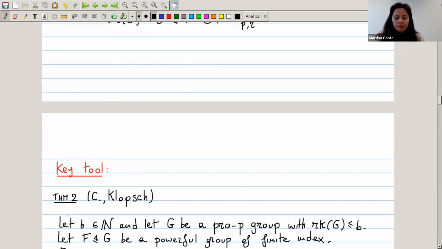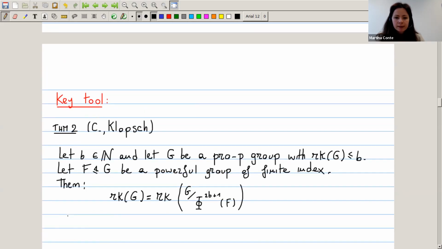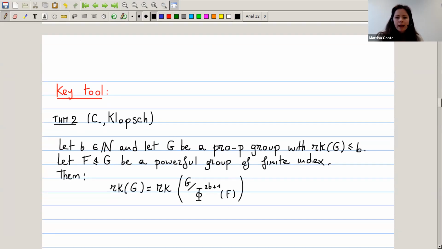First of all, I want to introduce the key tool of this proof. This is a group theoretic result that is also interesting in its own right, and that allows us to detect the rank of a pro-p group G in a finite quotient of G. So we can find a finite quotient of G that has the same rank as G. Specifically, we have the following result.